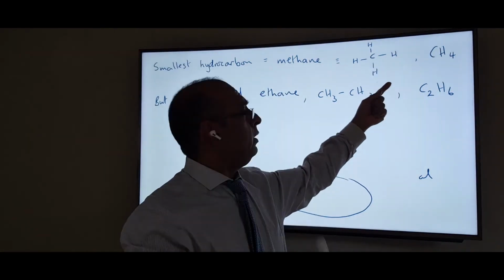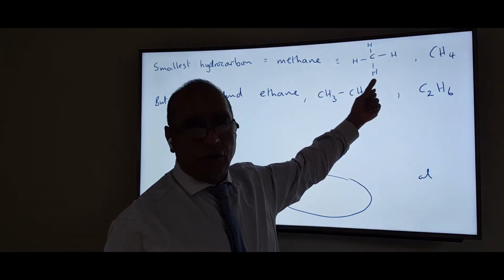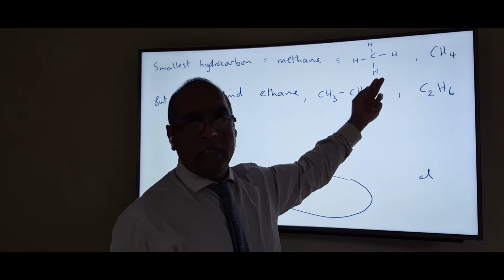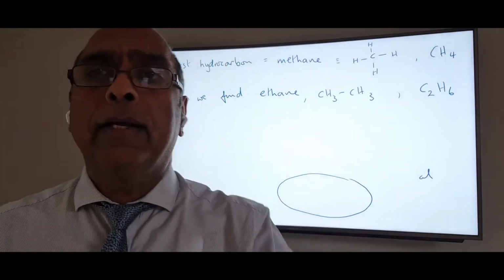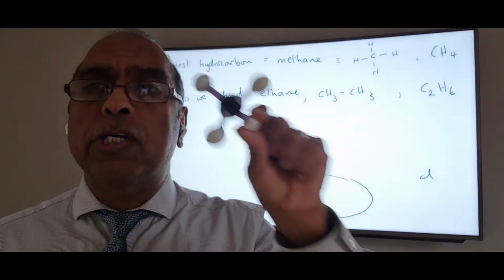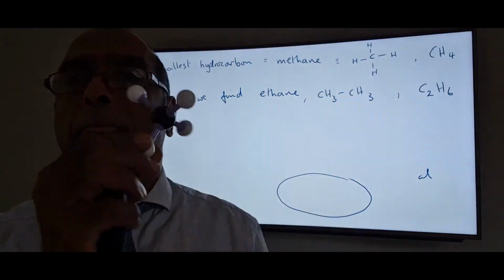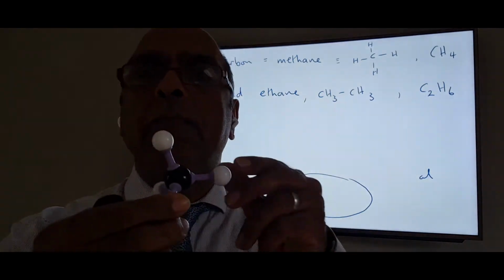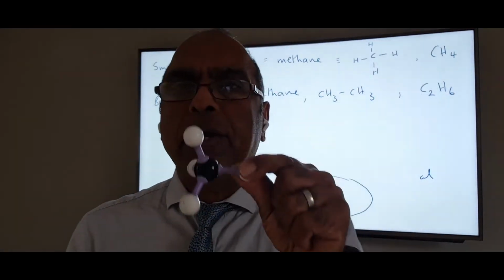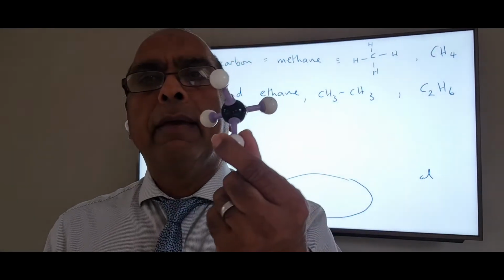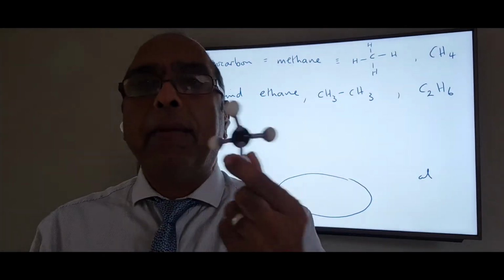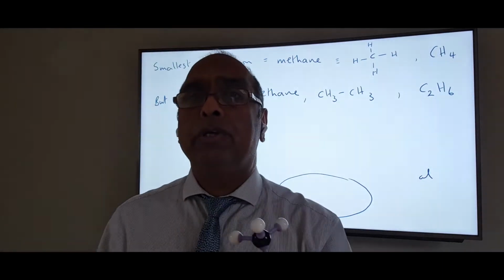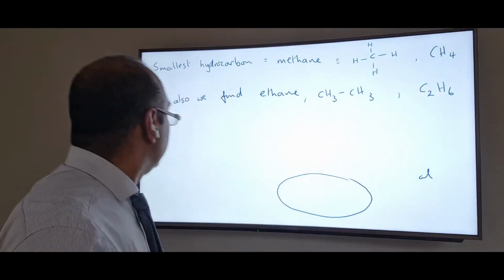That is CH4. CH4 is the molecular formula. That is the displayed formula. And this is a model using the molecular model kits that we have. And they're all ways of representing methane, which is the smallest hydrocarbon.